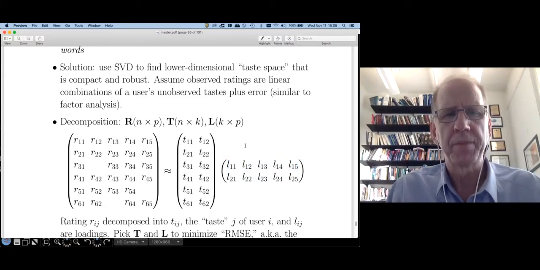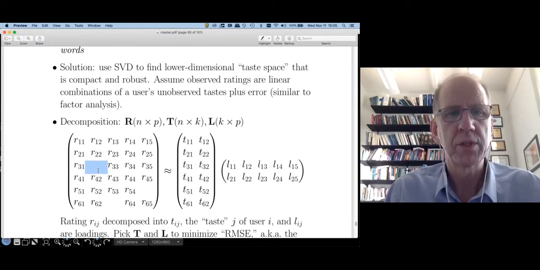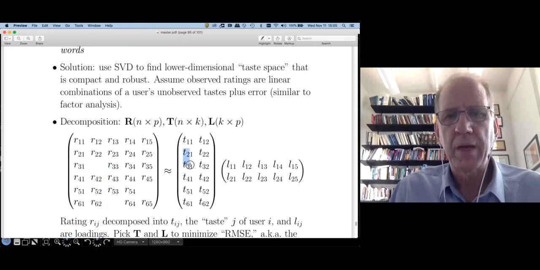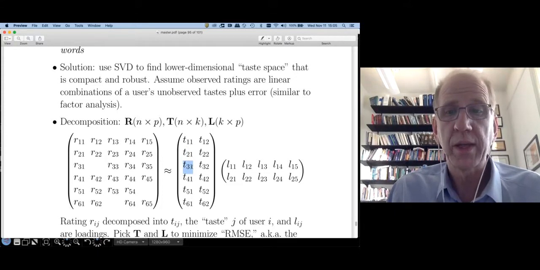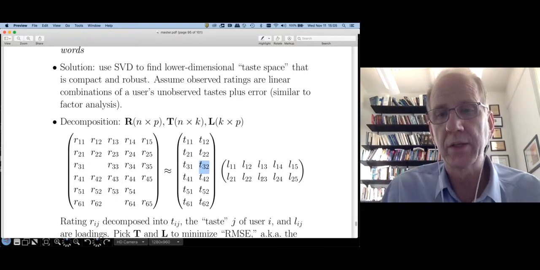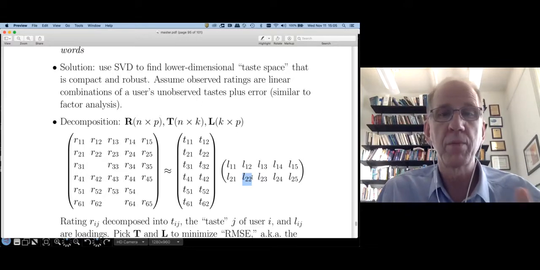So as an example, how much is user 3 going to like movie 2? You'll see that that hasn't been provided. Well, the way we do this is we say that's going to be how much does user 3 like comedy times the amount of comedy in movie 2, plus how much does user 3 like romance times how much does movie 2 have romance in it?